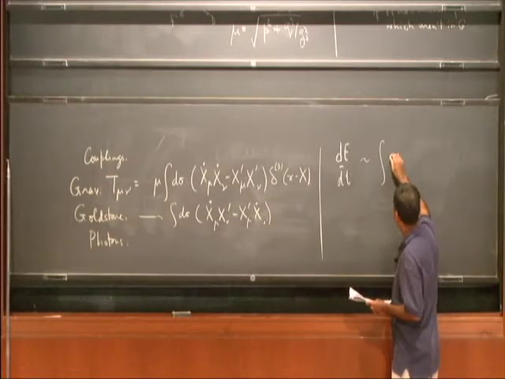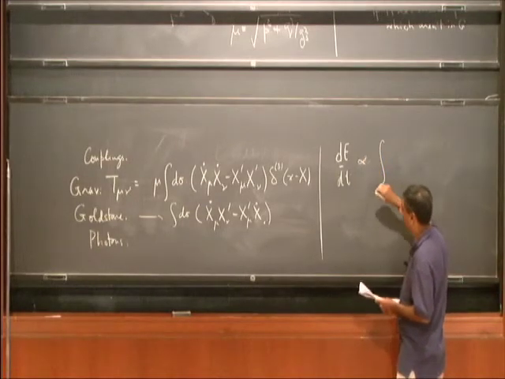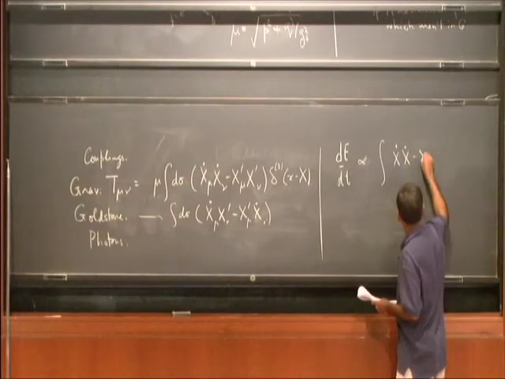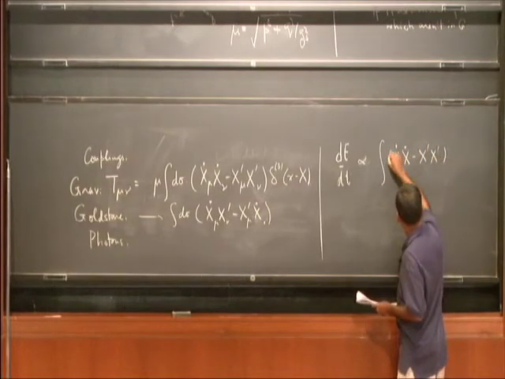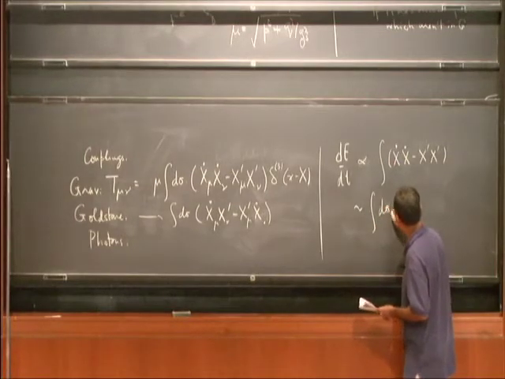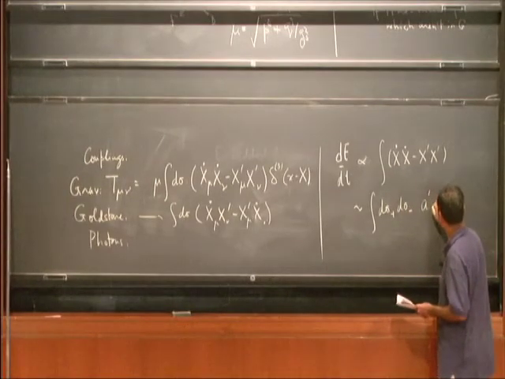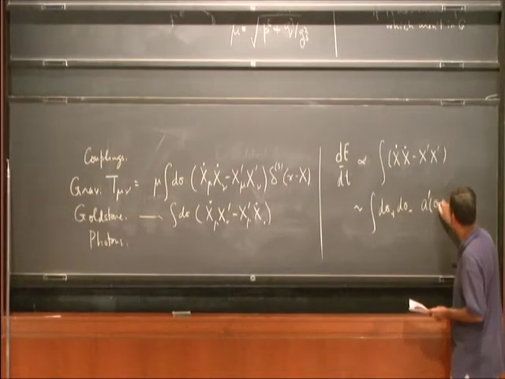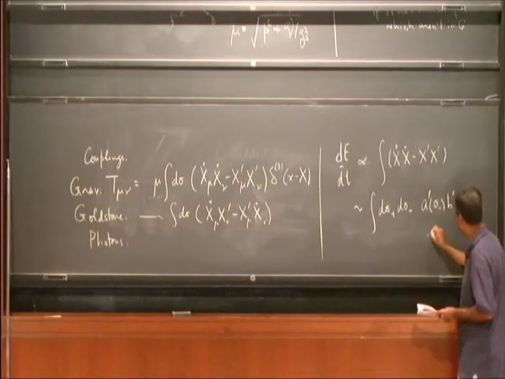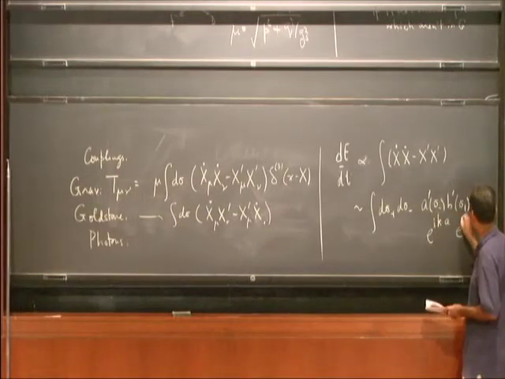I'm not going to do the whole calculation, but it would depend on x dot minus x prime, which would lead to basically d sigma plus d sigma minus A prime of sigma minus B prime of sigma plus, and then the Fourier transform, which would be e to the i k dot a, e to the i k dot b.